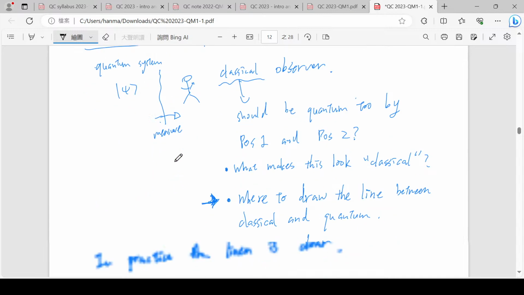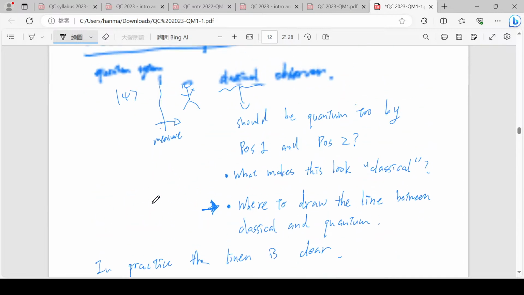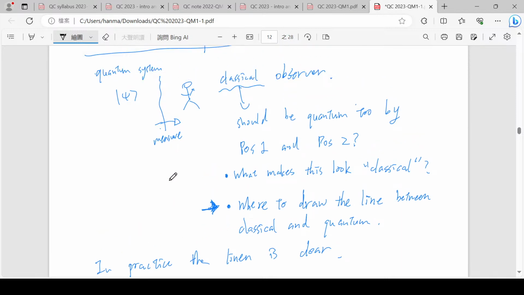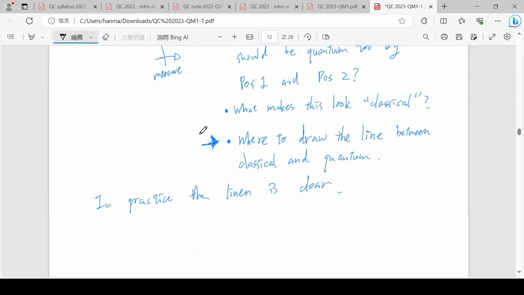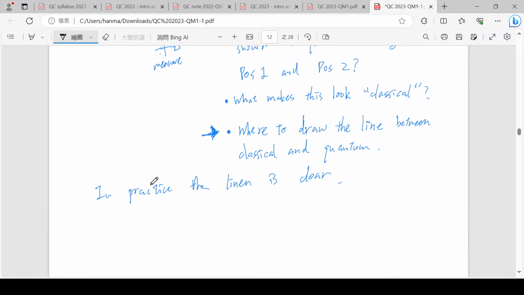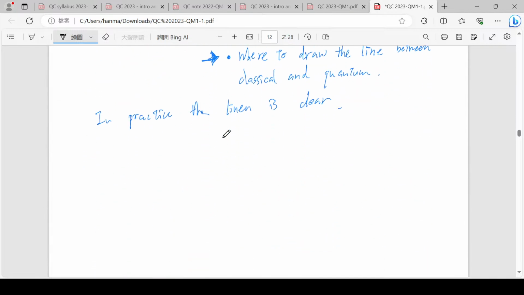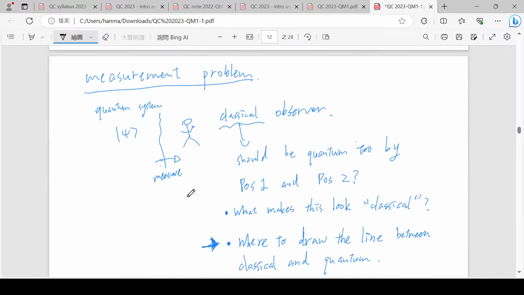It's not unifying, but in practice you can draw a pretty clear line here because most of the world still seems pretty classical, and you can say your small quantum system is a quantum system. So we kind of avoid this question by not looking at it, and we just adopt this not very elegant worldview, but it works.